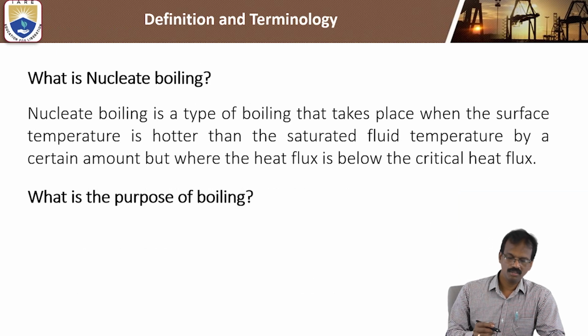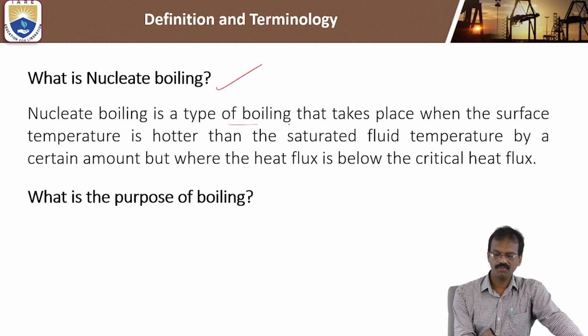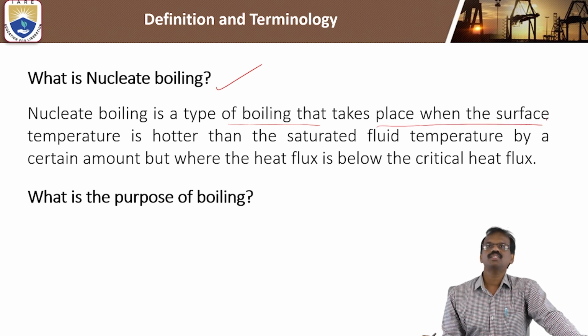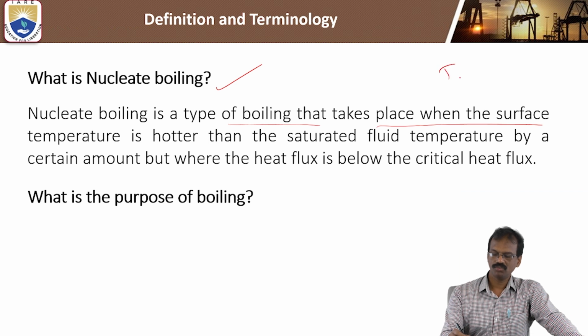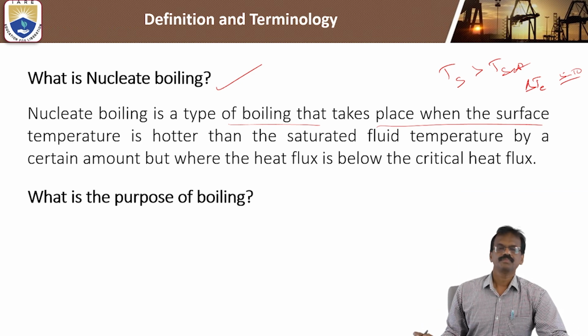Next we'll see boiling. So what is nucleate boiling? Nucleate boiling is the type of boiling that takes place when the surface temperature is hotter than the saturation temperature. So Ts is greater than T saturation, and delta T has some values, like 5 to 10 degrees.